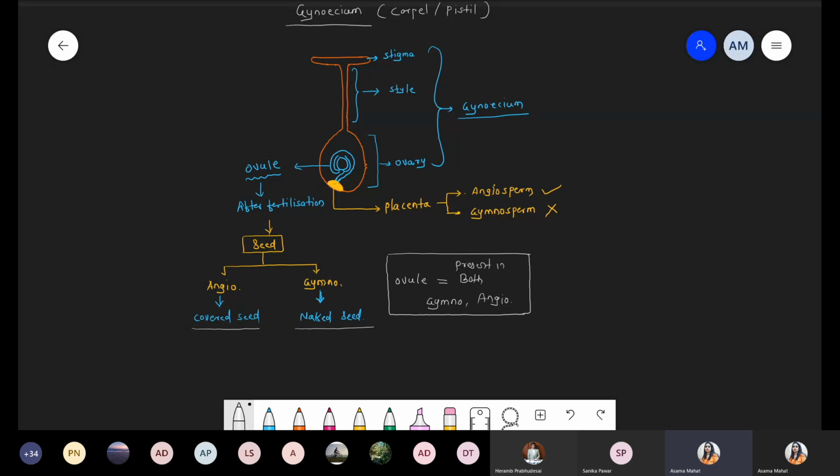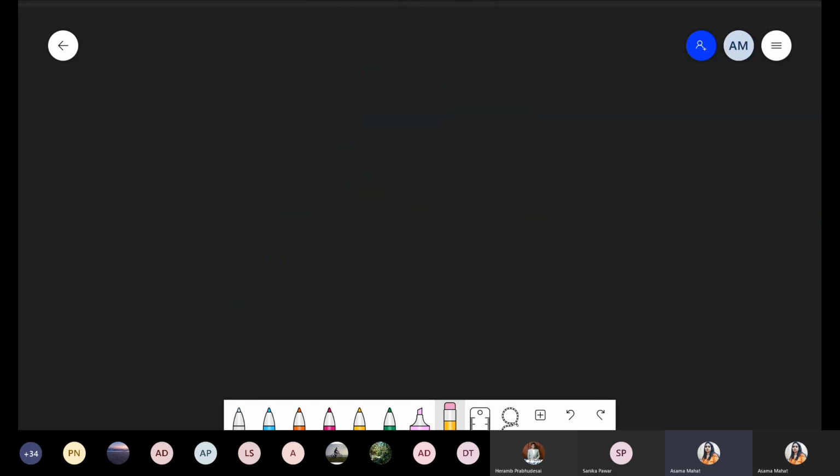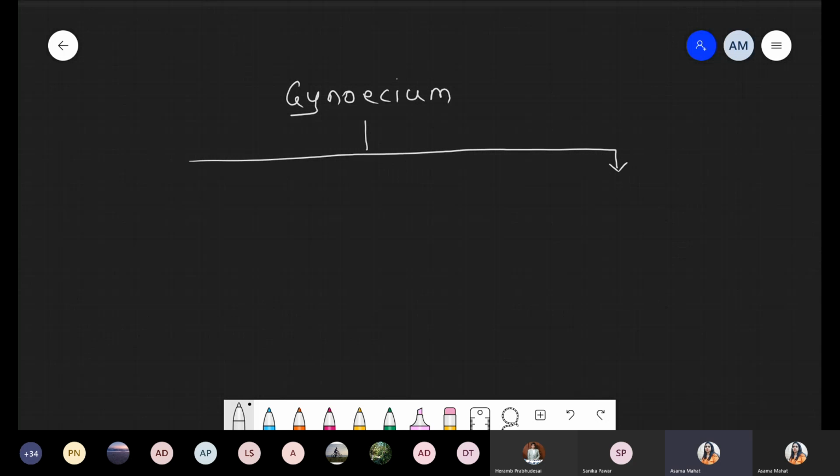So the next point we are talking about is the gynoecium. We just discussed that carpel shows fusion, and androecium also shows fusion. But for the gynoecium, we have to change the terminology a bit. The gynoecium means the female reproductive part.